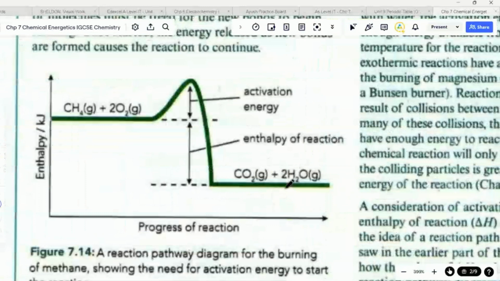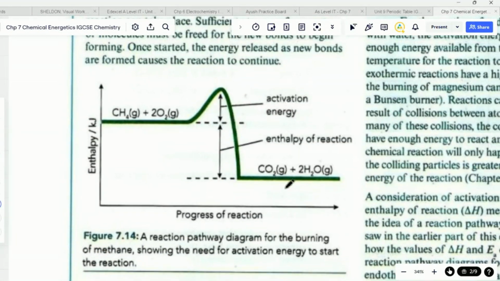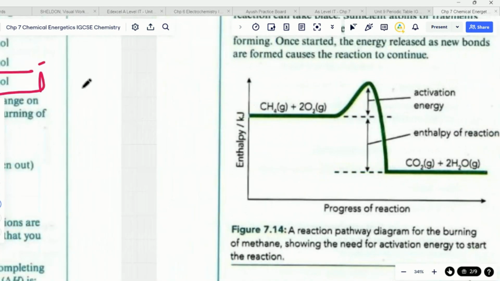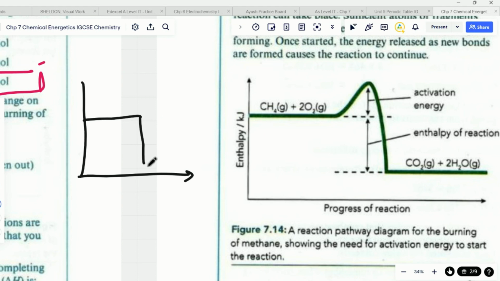Alright, let's have a look at this pathway diagram now. Before, the pathway diagram looked like this. It went straight all the way down and then like this. This was the downward arrow. Here was my reactant. Here was my product. The downward arrow was representing that we are having a loss of energy, which means it was an exothermic reaction.